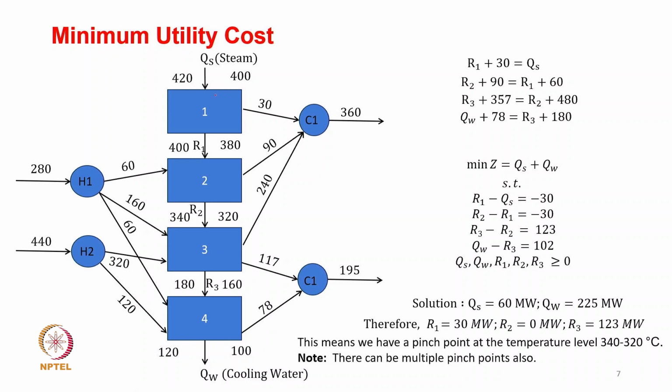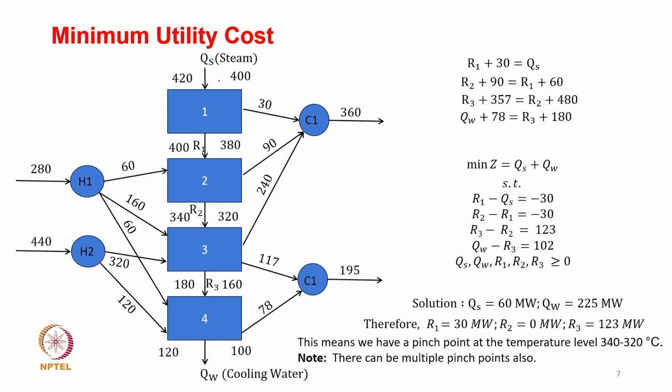Other constraint: your heat residual numbers start at R1. Look at this example of a system having 4 units: the residual heat numbers start with R1 and end at R3.